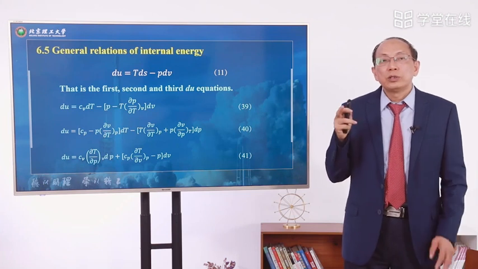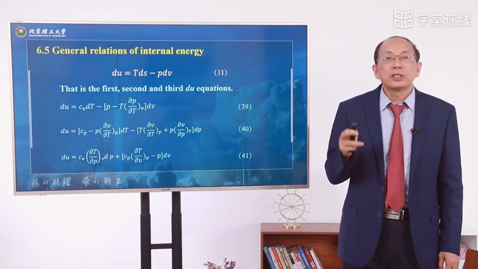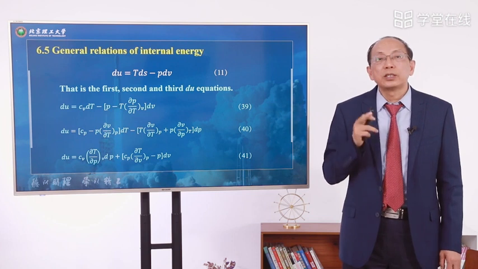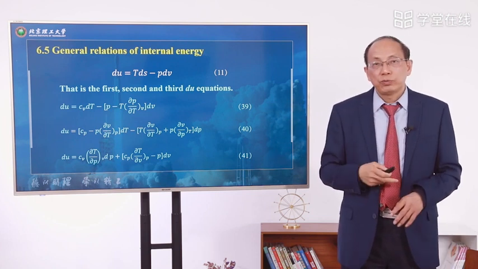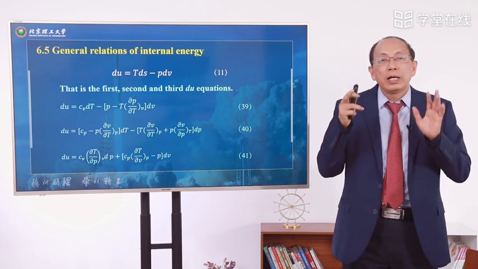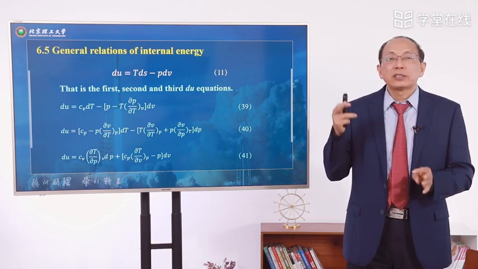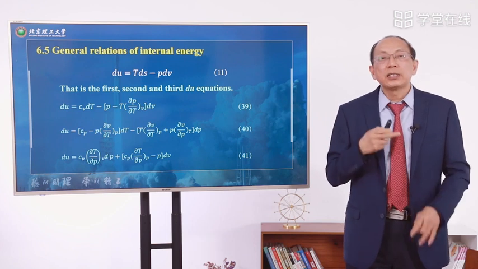The first, second, and third dU equations just come from equation 11 and the first, second, and third dS equations.